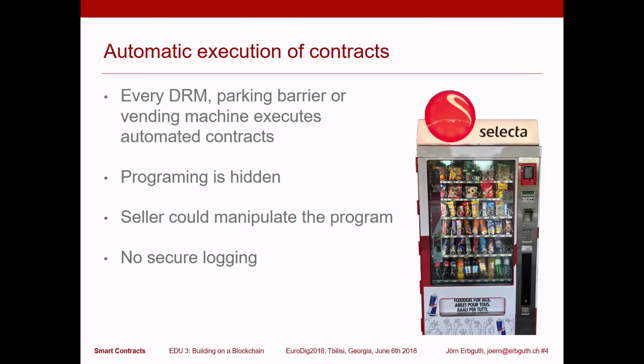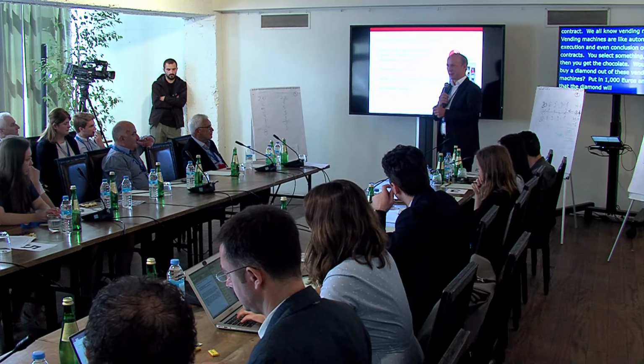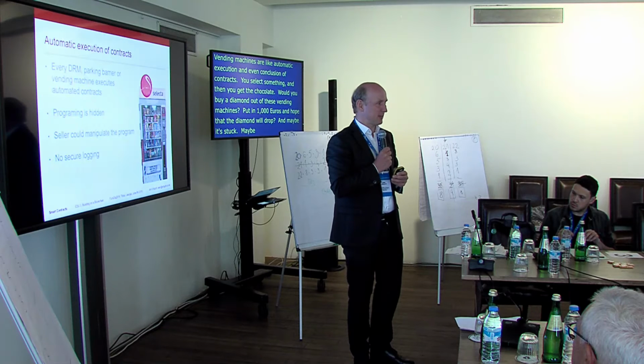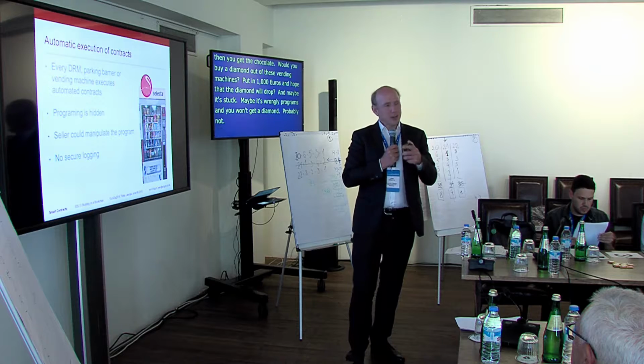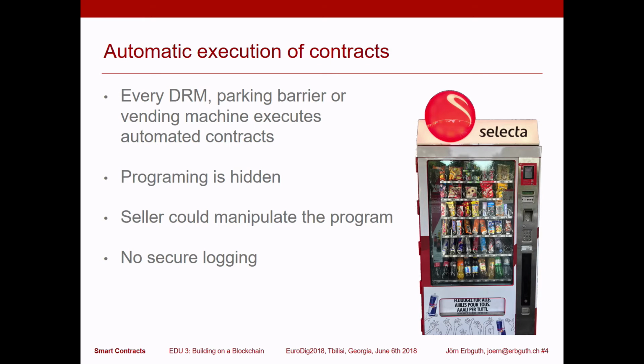That's fine, but would you buy a diamond out of these vending machines, put in 1,000 euros and hope that the diamond will drop, and maybe it's stuck, maybe it's wrongly programmed and you won't get a diamond? Probably not. So the vending machine is in the sole control of one party. You cannot see the code, and the party can always exchange the code to something else. You cannot trust a vending machine.